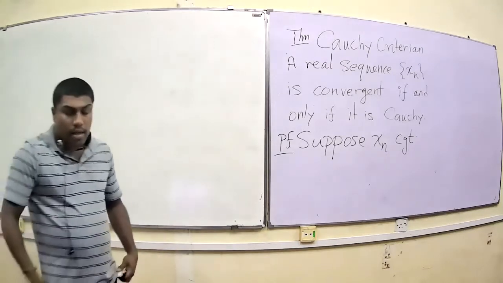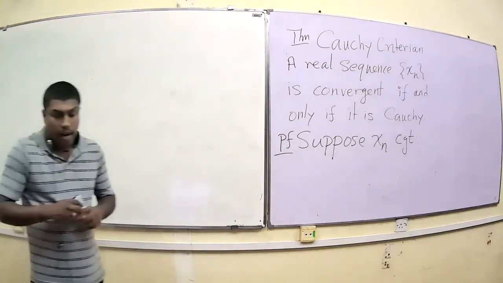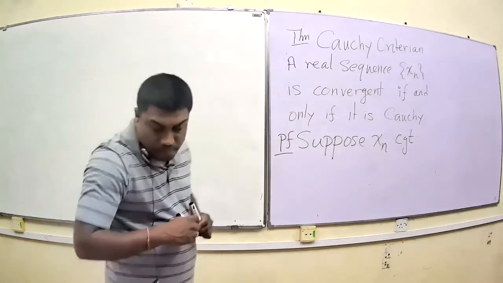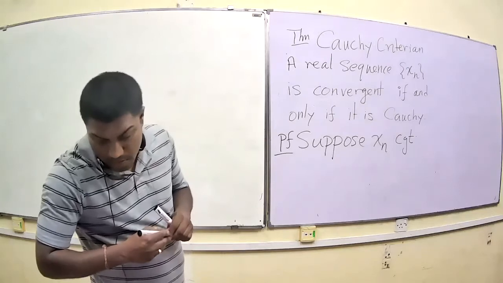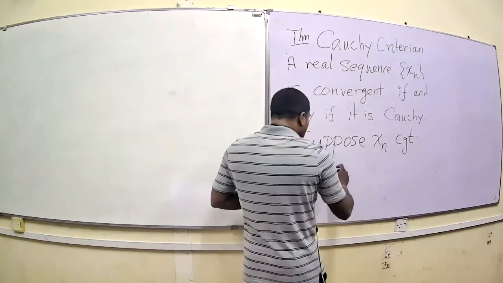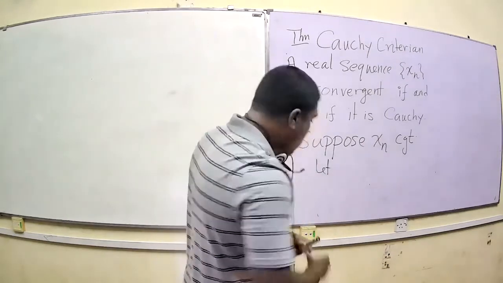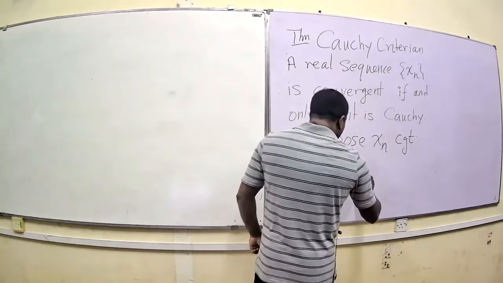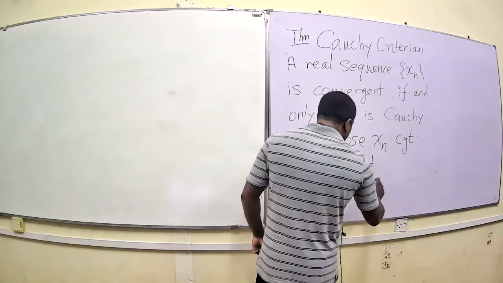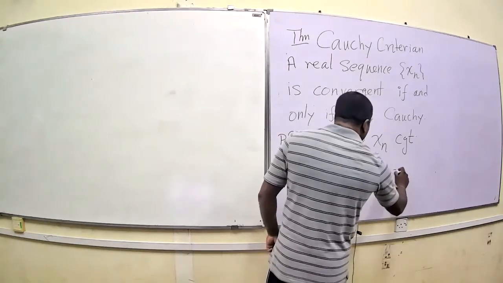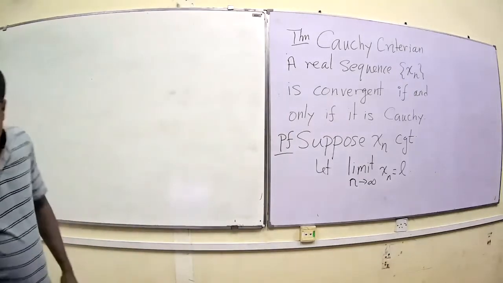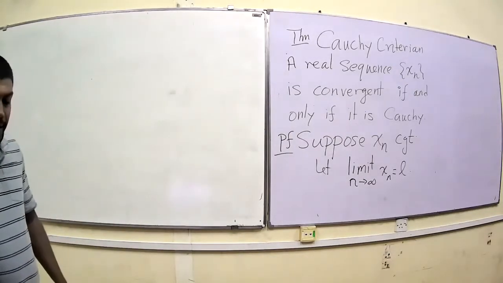Then you know that it has a limit. So if it is convergent, then it has a limit, and clearly you can say L is the limit.